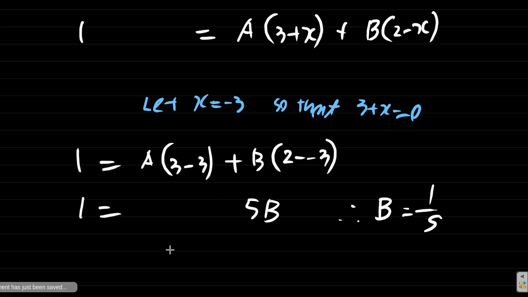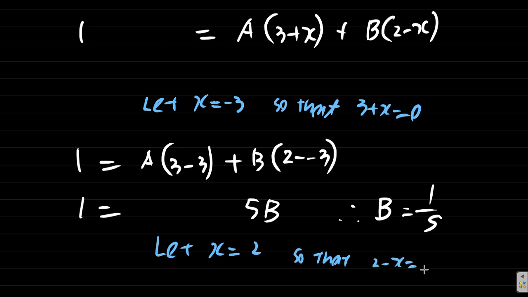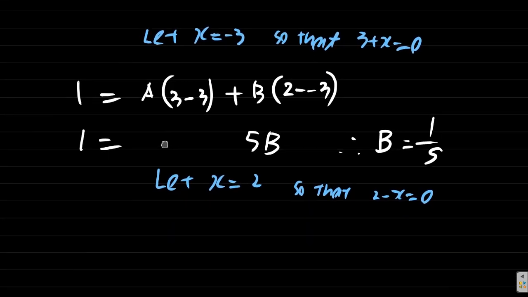Alright. What happened here, so? Let x equal what? What would be the next number, you think? 2. Let x equal 2. Why is that so? So that 2 minus x would be 0. You're going to have 2 minus 2 and b will disappear. So what would happen here now?